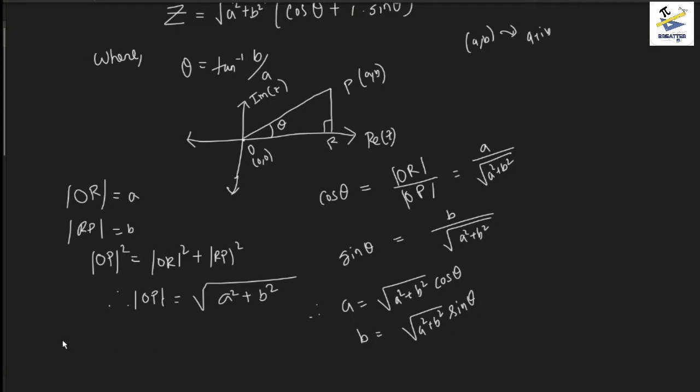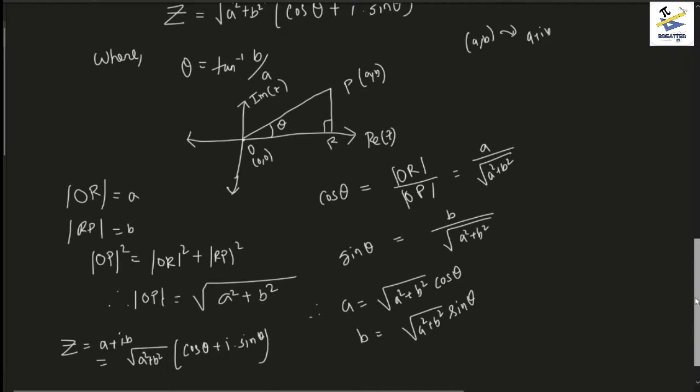And thus we can write z, which is equal to a plus ib, is equal to root over a squared plus b squared common, cos theta plus I into sin theta. So this is basically the polar form of a complex number.